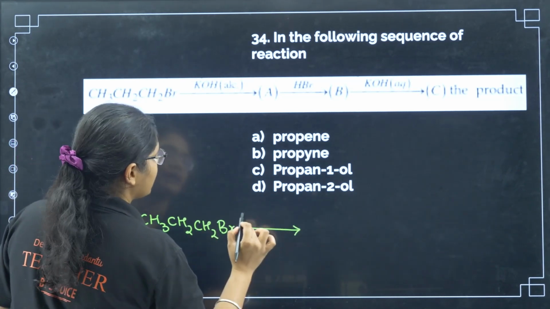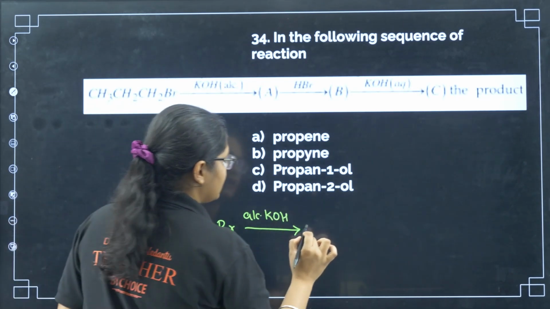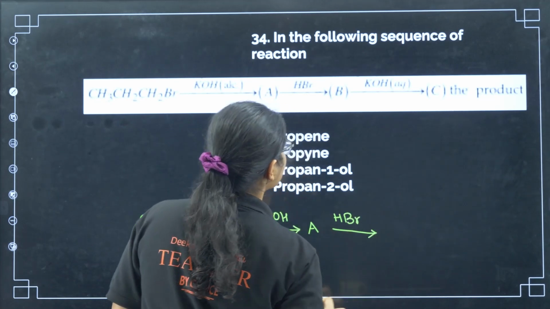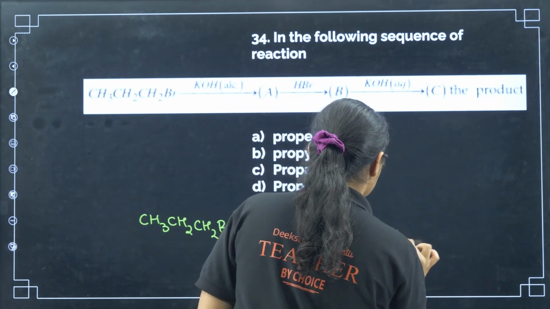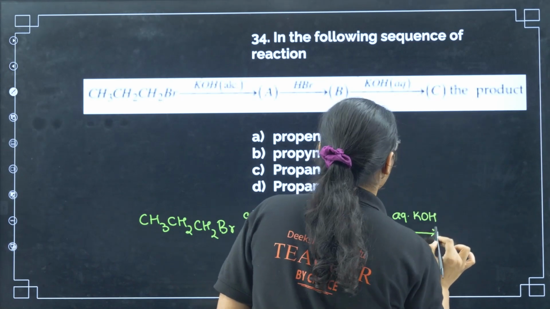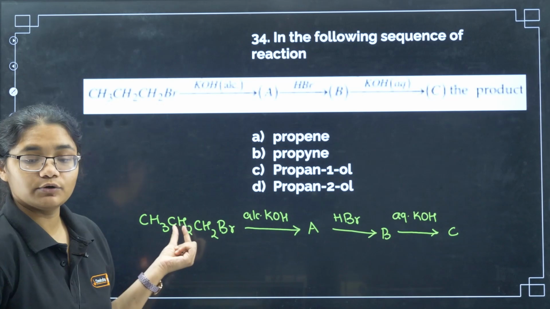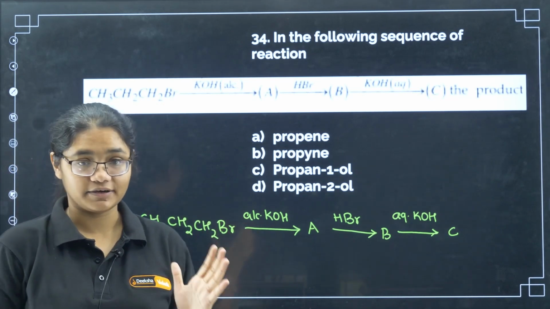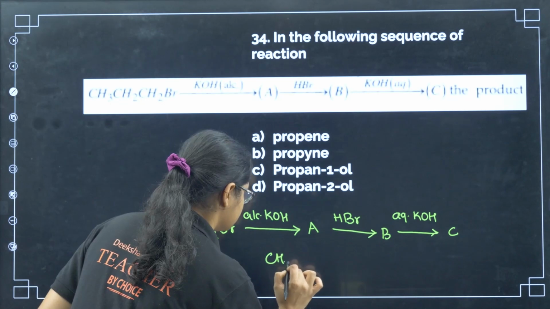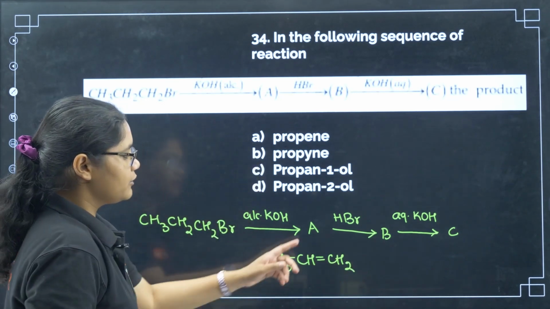With that you have taken alcoholic KOH, giving A. Then you have taken HBr, then you are getting B, then you are taking it with aqueous KOH, and then there is C. Now alcoholic KOH will give you what? There will be an elimination reaction, HBr will be removed and we will get a double bond like this, CH3CH=CH2. Now you are adding HBr.